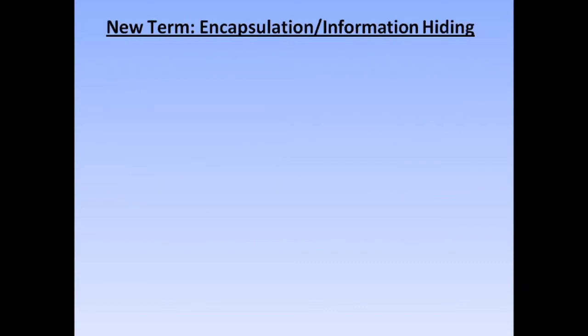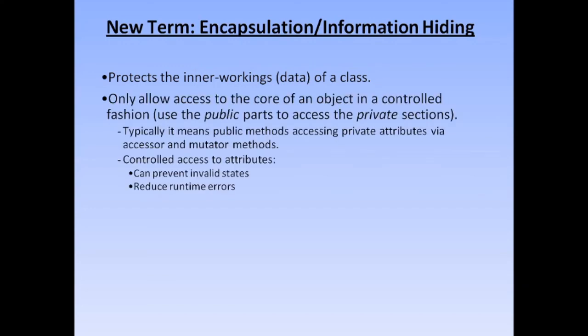Then what is encapsulation, and a related term, information hiding. Encapsulation protects the inner workings of the data of a class. It only allows access to the core of an object in a controlled fashion. Use the public parts to access the private sections. Typically it means public methods accessing private attributes via accessor and mutator methods.